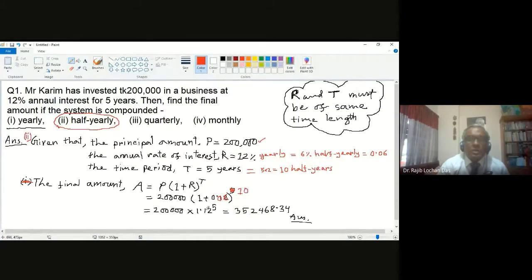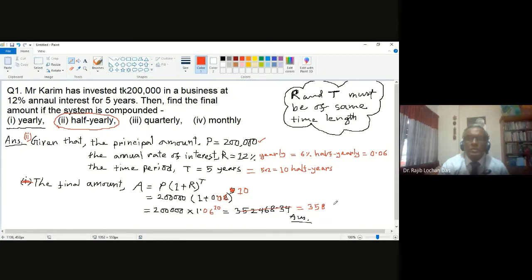And then you will calculate this. So 1.06 to the power 10, and of course the answer will also be different. Then into 2 lakh. It will be 3 lakh, I'm not sure, maybe 58,000 or something.